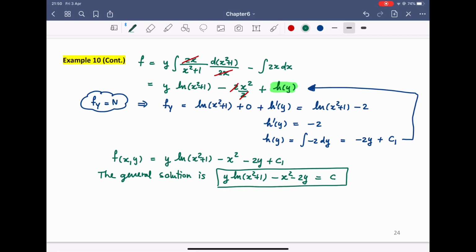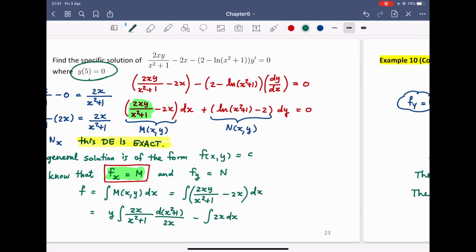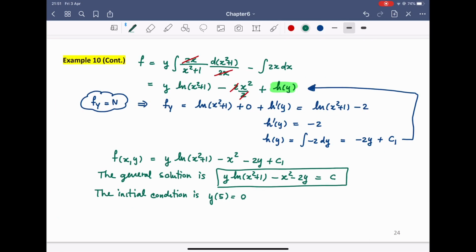And then after that, the initial condition is y(5) equal to 0, right? Here, y(5) equal to 0. Then we're going to solve for the constant c by using this initial condition.